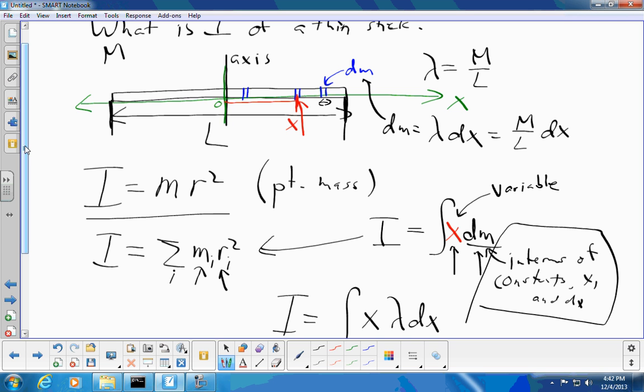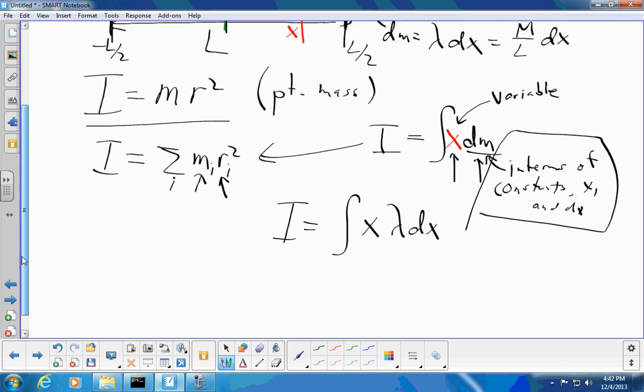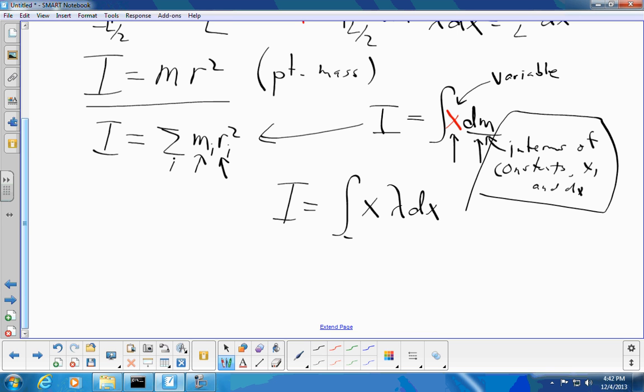Well, remember, the stick is centered at the origin, so the left-hand edge of the stick is L over 2 to the left in the negative direction, so this has a coordinate of negative L over 2. And the right-hand edge is positive L over 2 to the right. So we're going to start integrating at negative L over 2, and we're going to go to positive L over 2. So those are our limits for this particular orientation of the stick.